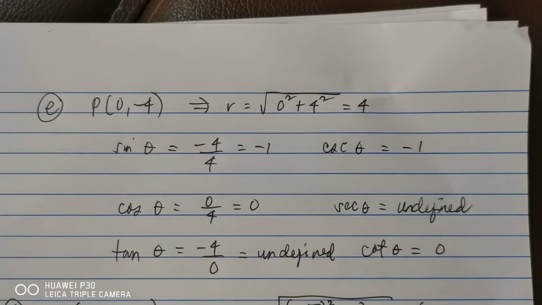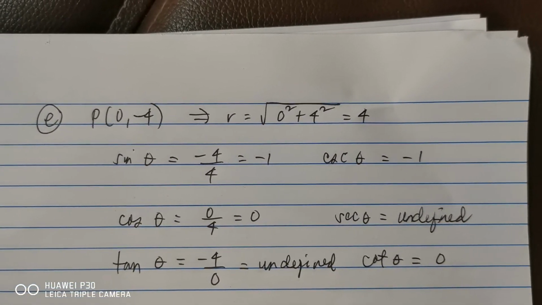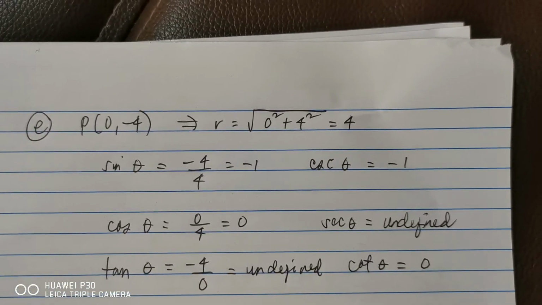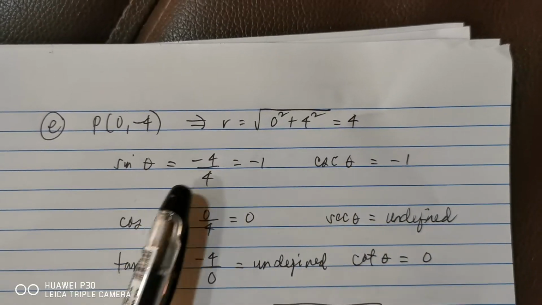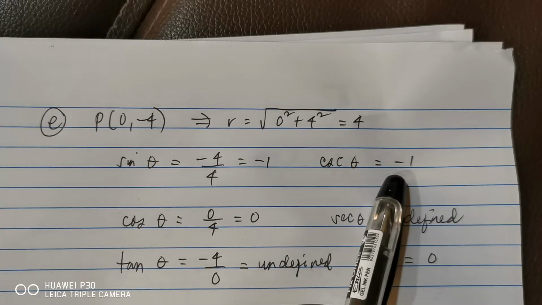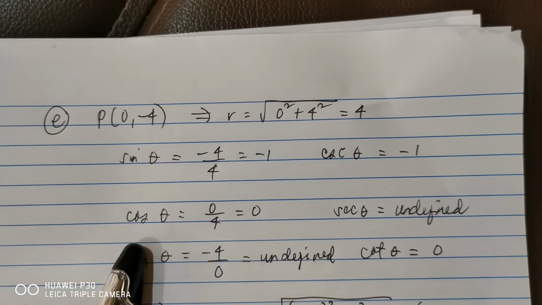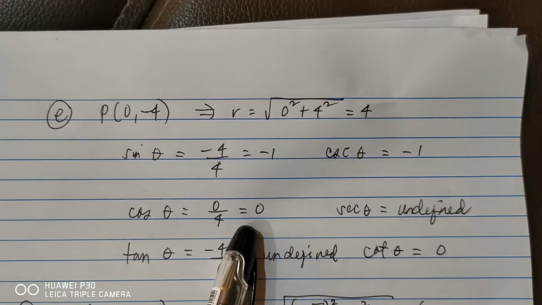In letter E, we are given the point (0, -4), so that the radius is 4. So, sine theta is equal to y over r, negative 4 over 4 is negative 1, and the reciprocal is also negative 1. Cosine theta is x over r, which is 0 over 4, which is equal to 0.